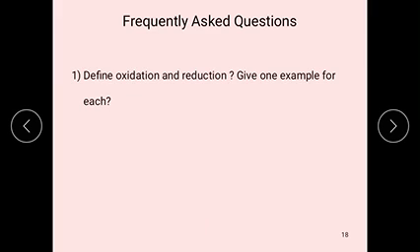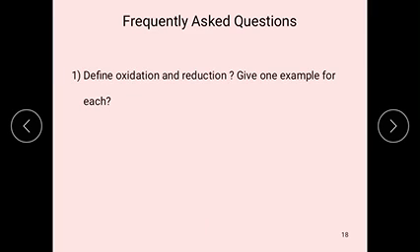For example, when a chlorine atom gains one electron, it converts to Cl minus. In that ionic state, the negative value is equal to the total number of electrons gained in the chemical reaction.